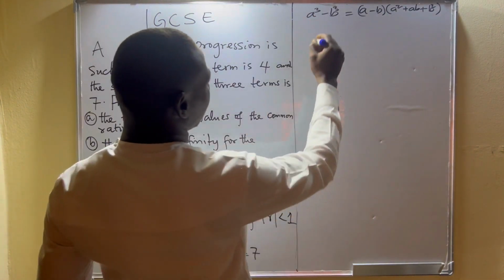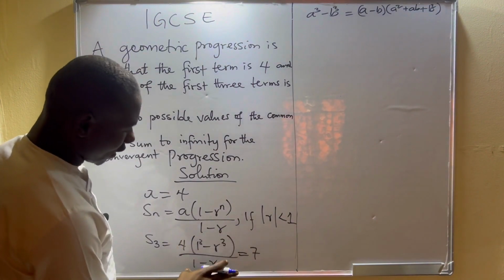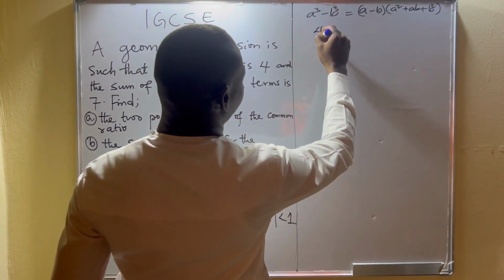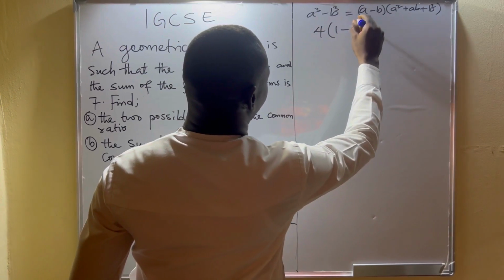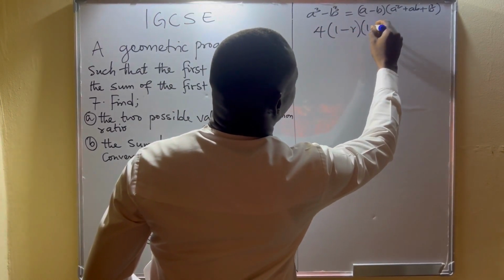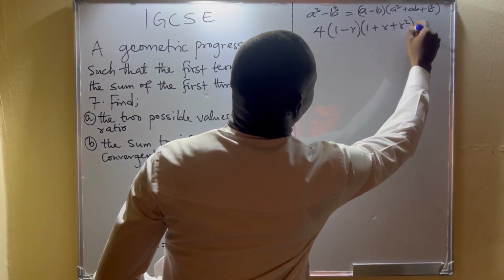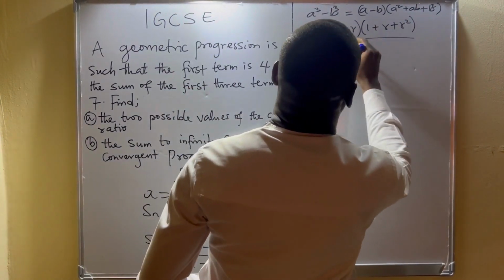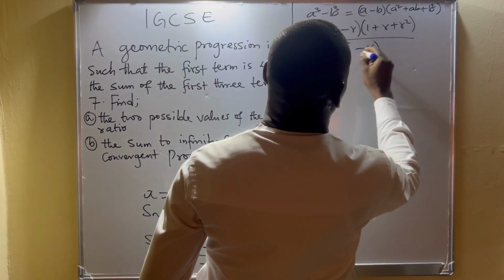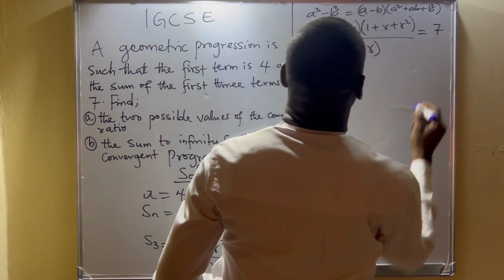From here, we can rewrite this as 4 into 1 minus r, 1 plus r plus r squared, over 1 minus r, and we say this is equal to 7.